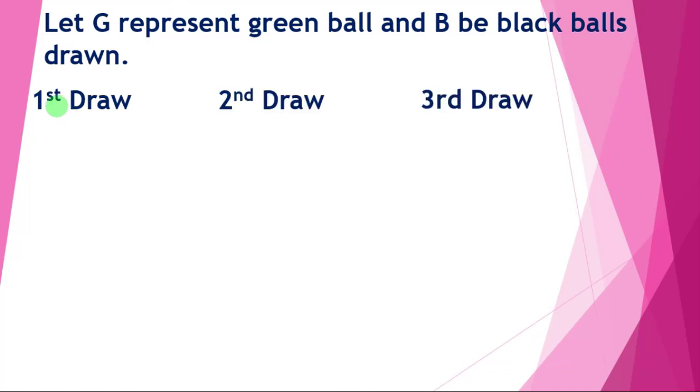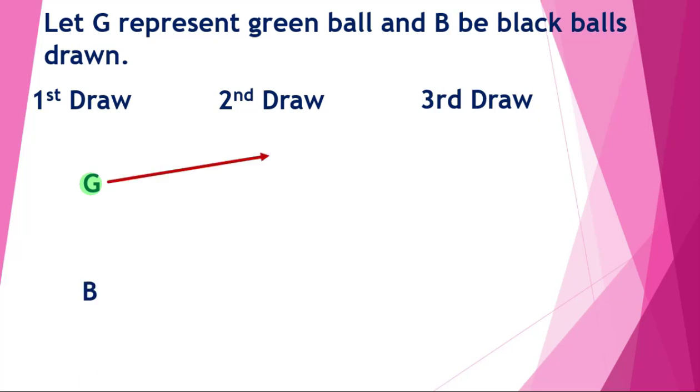Recall that in the coin experiment earlier we had the first toss, the second toss, and so on, and in the computer experiment we had the first computer, the second computer, and so on. Here, in drawing the green and black balls, we have the first draw, the second draw, and the third draw. So we start with G or B.